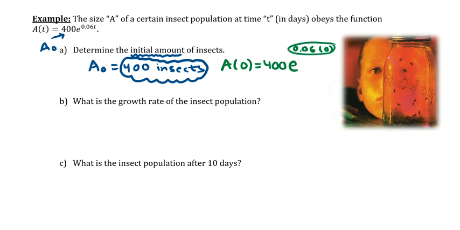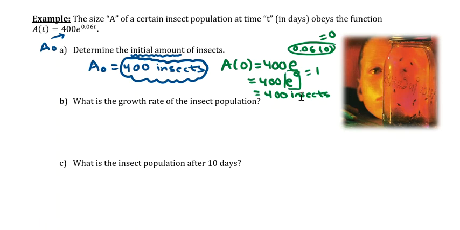Of course, this will equal 0, so you get 400 e to the 0, and we know that e to the 0 is going to equal 1. And so, in a more roundabout way, we get the same answer of 400 insects. Whichever way you prefer is the way I recommend you do it. Both ways will lead you to the right answer.